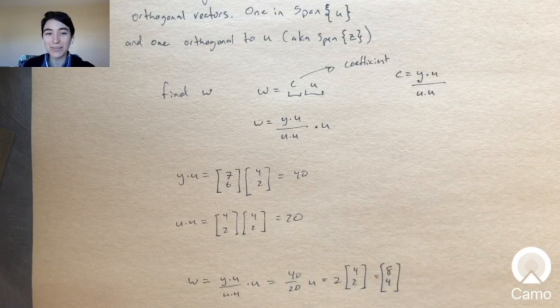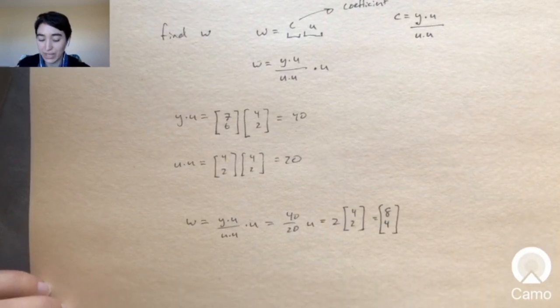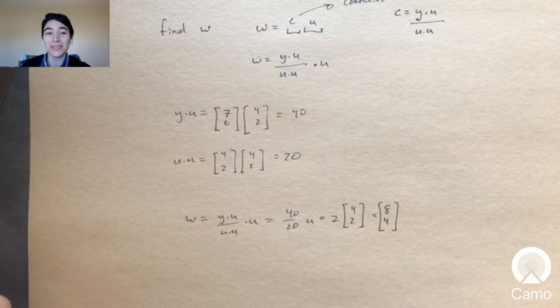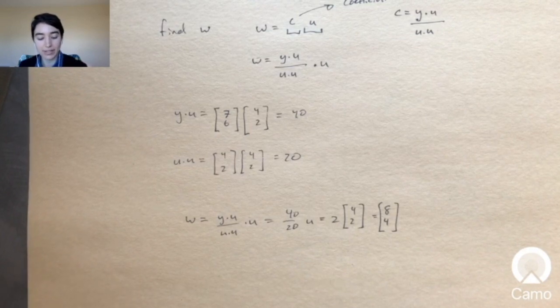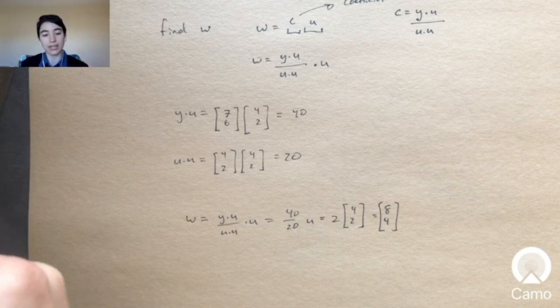Cool, we have found w. That's neat. We have found the orthogonal projection of y onto u. So we have found the amount of y that can be generated from u.